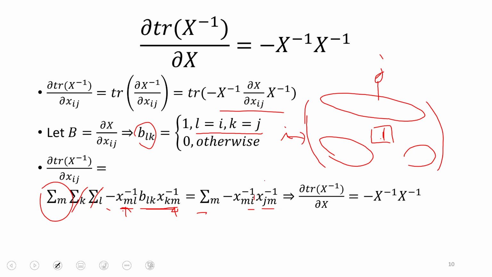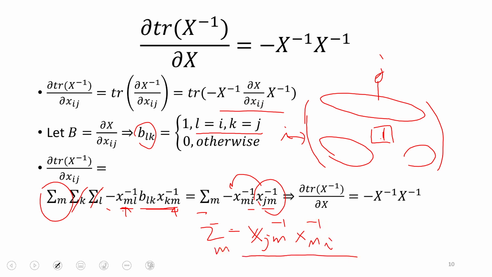You can move the negative to the front, so it becomes negative summation of x inverse_jm times x inverse_mi. And this summation over m is the ji-th element in the product of x inverse multiplied by x inverse itself.